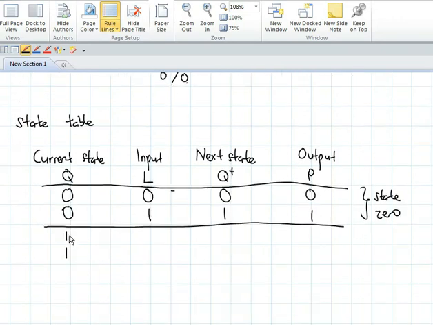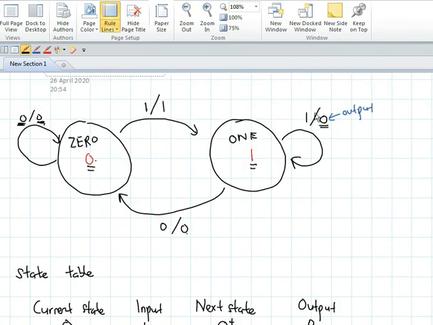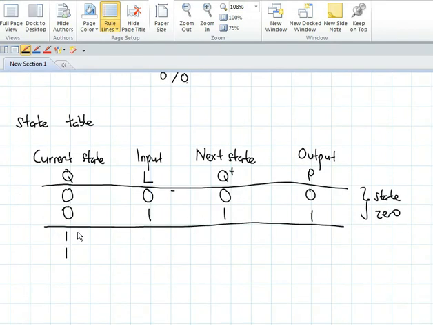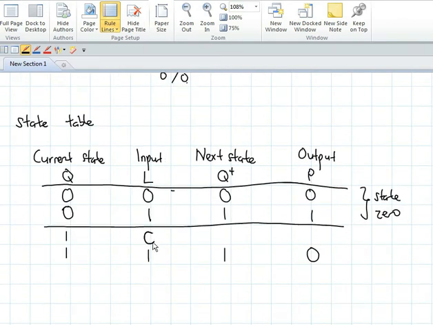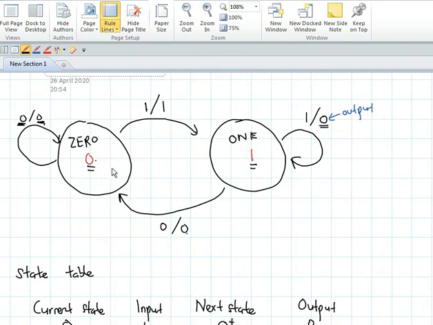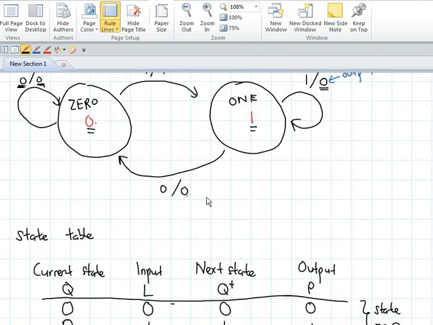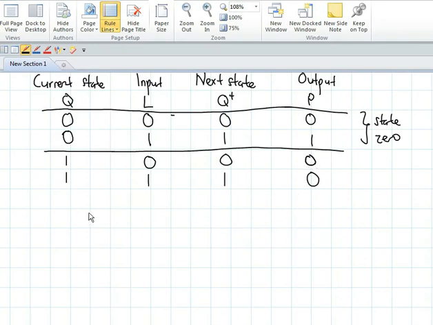While you are in state 1, if you detect a 1, produce a 0 and stay in state 1. If you are in state 1 and you detect a 0, your next state is going to be 0, and your output is going to be 0, so put a 0 here. And there you have it. That's all you need.